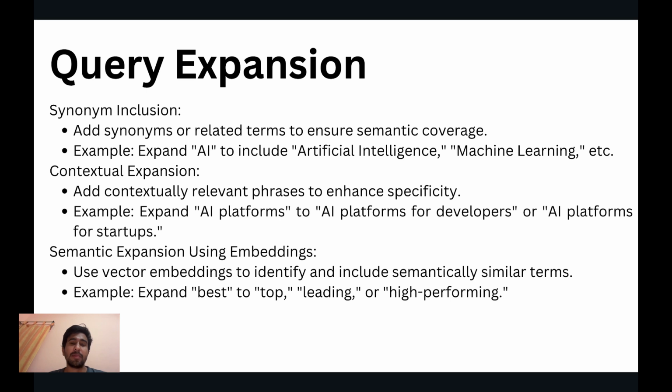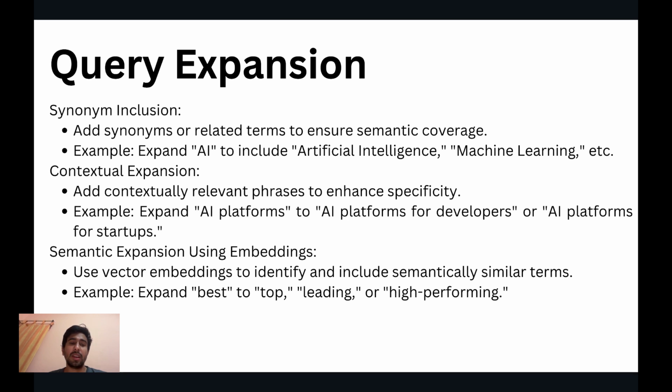Next comes the query expansion. In query expansion, we expand the query by including synonyms or similar words or contextually relevant sentences. Example, if the user asks about AI, we can include artificial intelligence, machine learning, data science, those kinds of terms in the query.